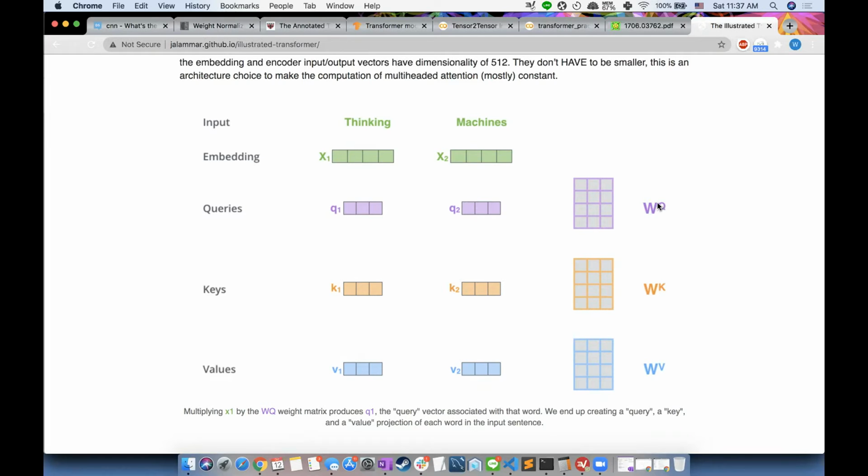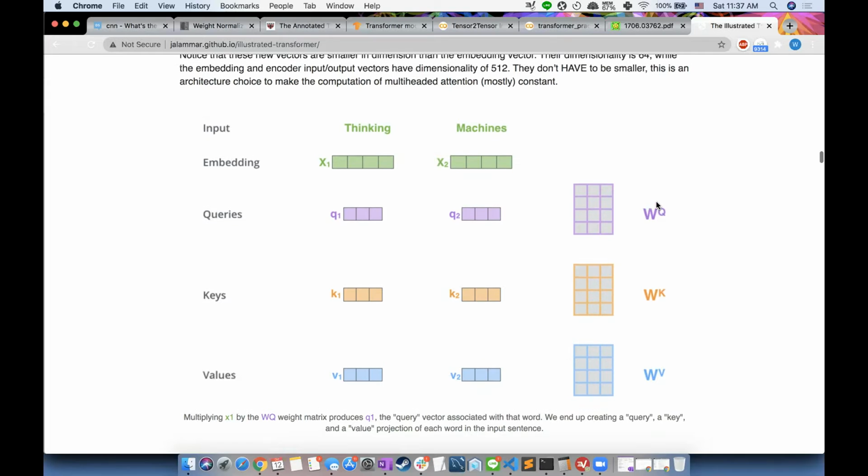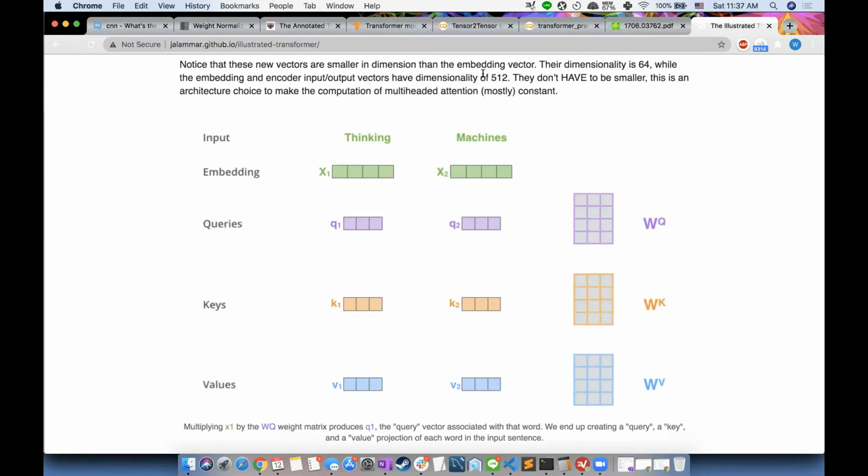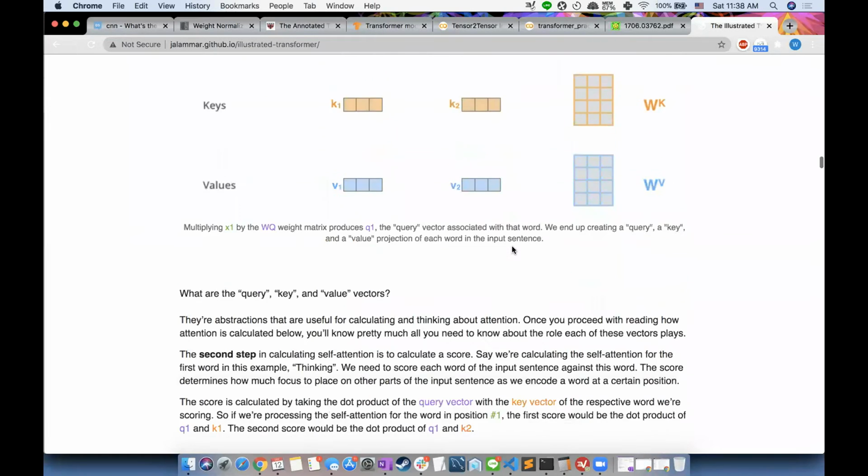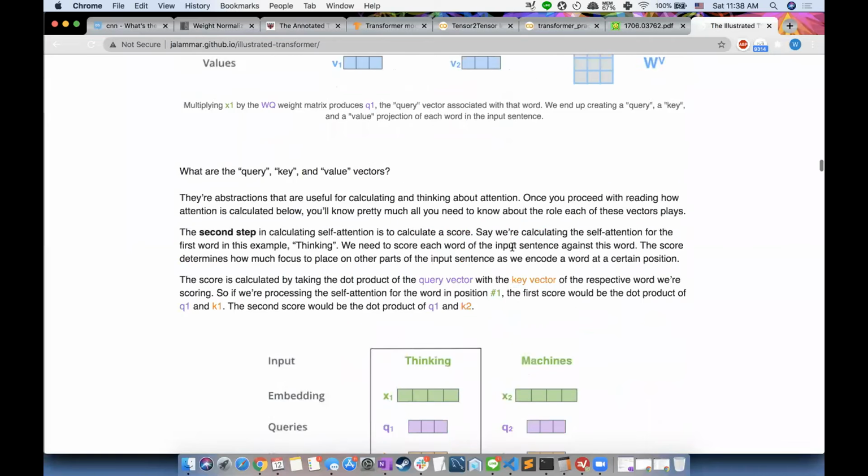But notice it says 512 here, and because we have multi-headed attention, if we have 8 heads, this is actually 64, I believe. 64 columns. That's correct. And hence this would have 64 columns as well. Yeah, 64 dimensions, he is saying.